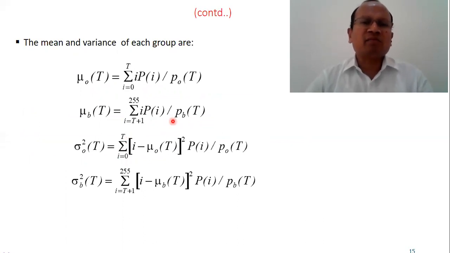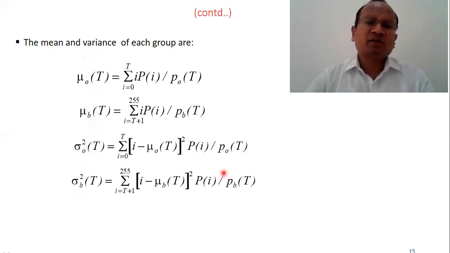Mean and variance can be calculated by using these expressions: mean of object, mean of background, variance of object, and variance of background. These are the standard ways by which we generally calculate mean, standard deviation, and variance in all other quantitative analysis.